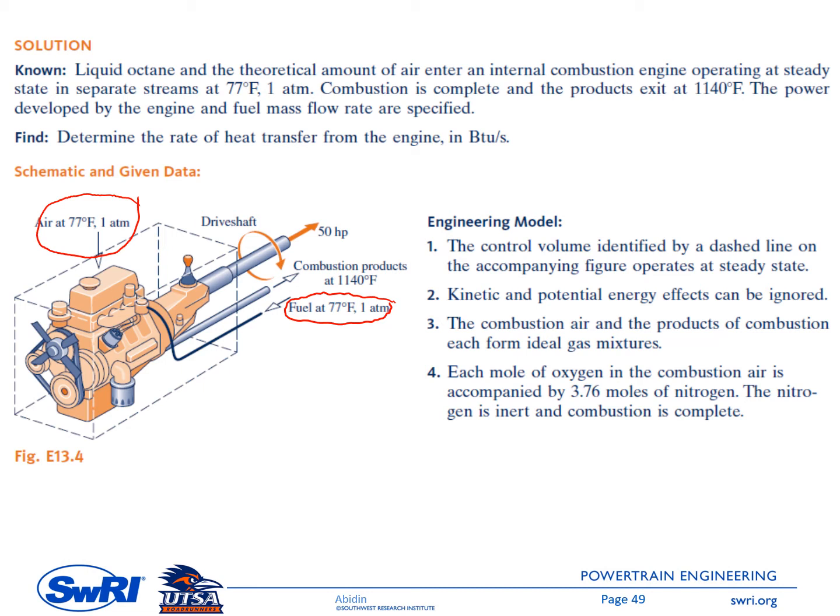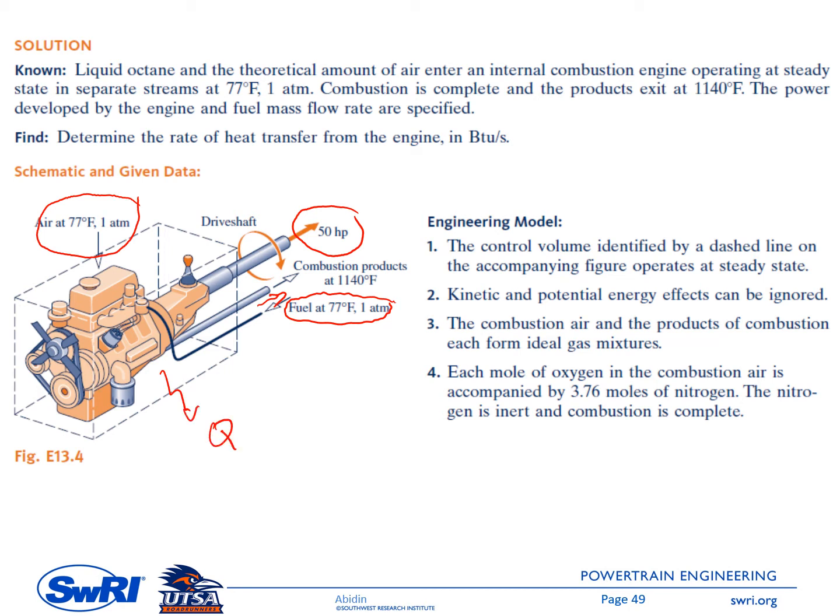The combustion products exit the engine through, let's say, the exhaust pipe, at 1140 degrees Fahrenheit. The engine produces 50 horsepower, and then there will be a heat transfer out of this engine. And this is the question.